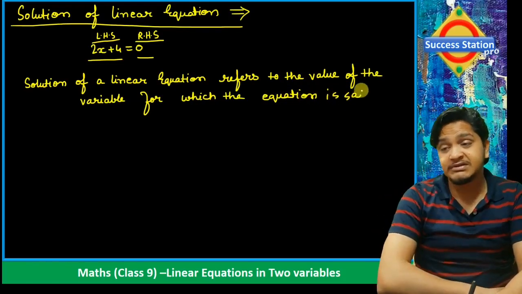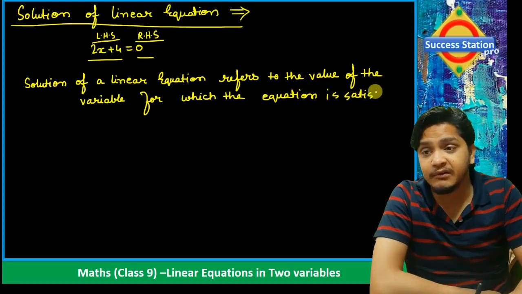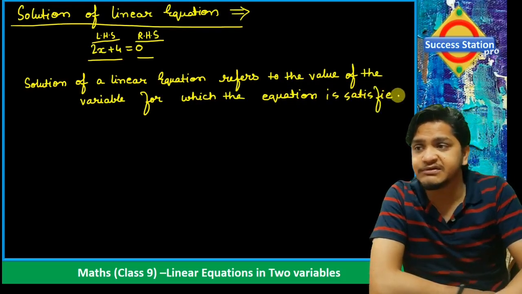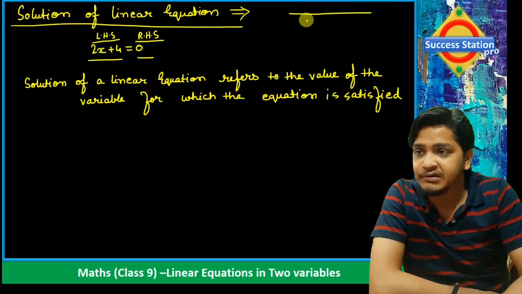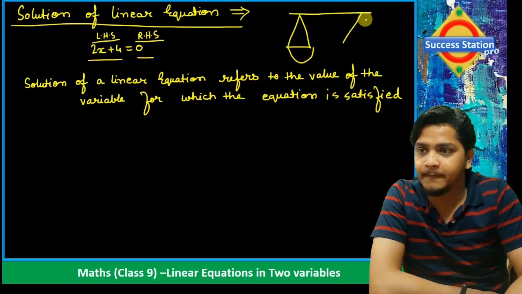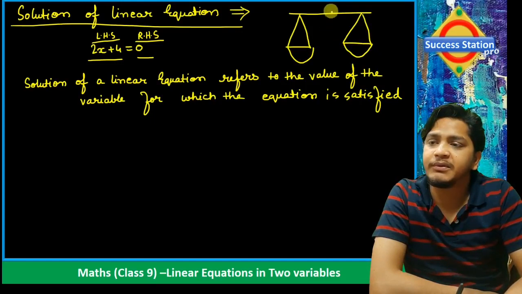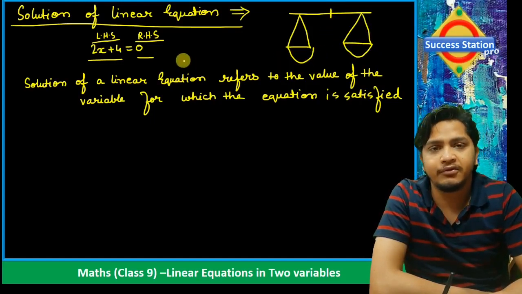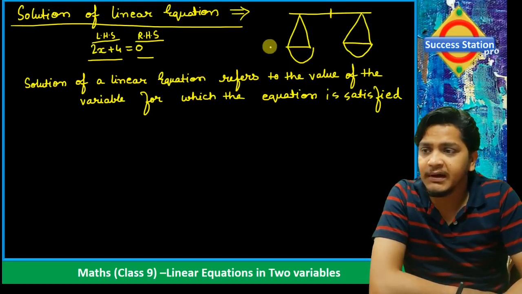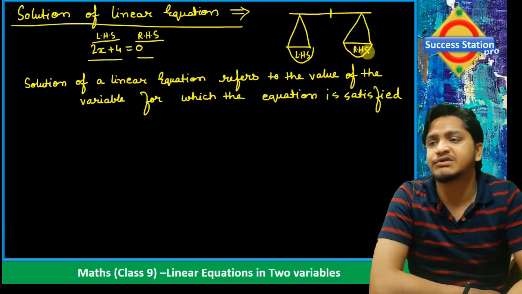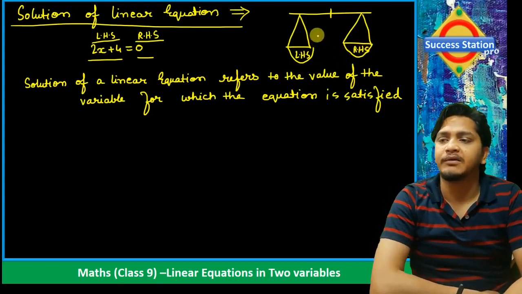Now satisfied means LHS becomes equal to RHS. You must have seen a beam balance, right? In the beam balance, unless both sides are equal, it is not said to be balanced. The same thing we have to do over here also. Here the LHS should be equal to RHS. Any value which does that will be my solution.